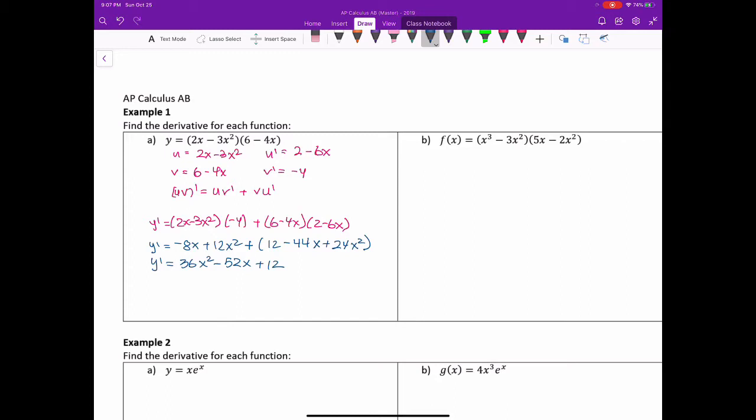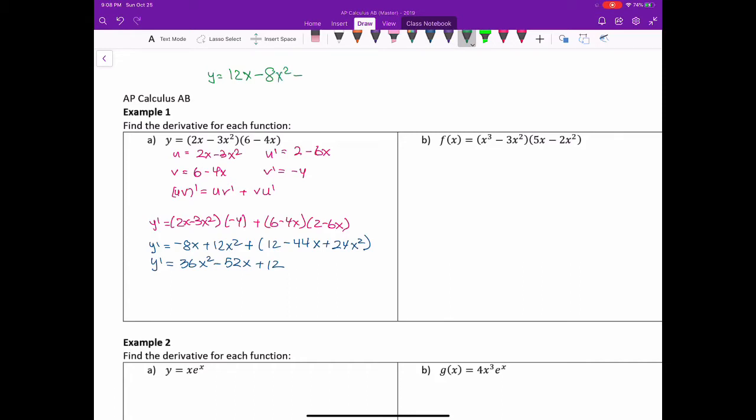If I looked at it and multiplied it together from the beginning up here, I'm going to put it up here at the top. We're going to get y is equal to, first is 12x cubed. Outer is going to give me minus 8x squared.